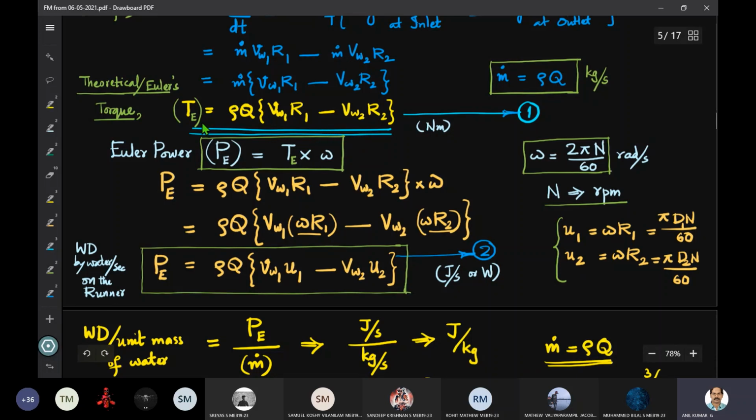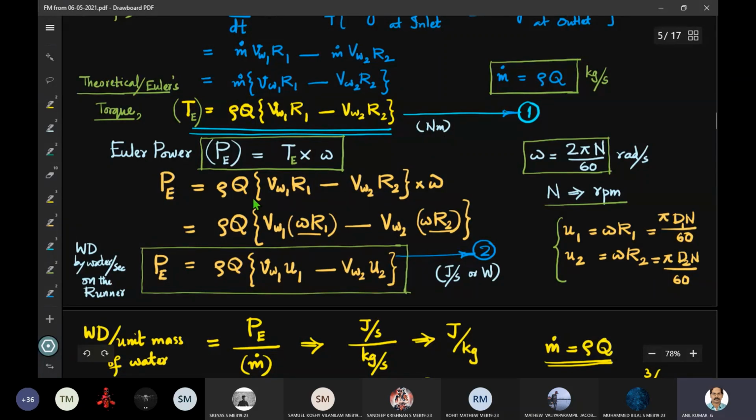So for power producing devices like turbines, the torque developed TE is equal to rho Q into (Vw1 R1 minus Vw2 R2). But in the case of power consuming devices, the torque imparted to the fluid is equal to rho Q into (Vw2 R2 minus Vw1 R1). And the SI unit of torque, as you know, is Newton meter.